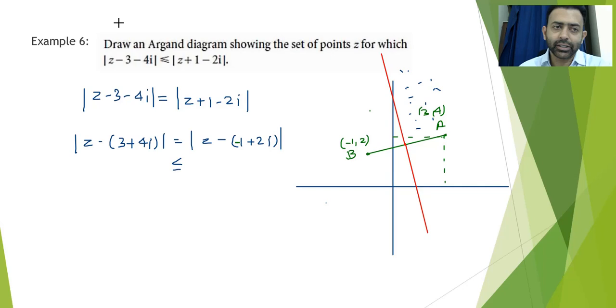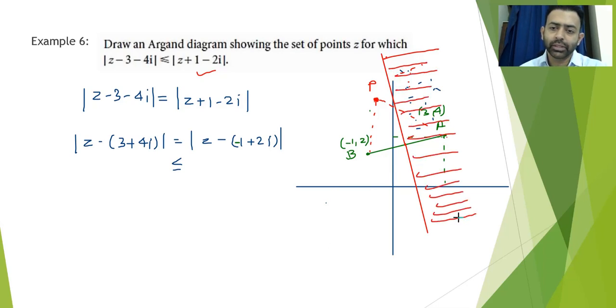If there is a point here, let us say P, its distance from point A is greater than the distance from point B, so this point z will not be in the Argand plane or will not satisfy this inequality, right? So you just shade the portion which is lying on the right hand side of this bisector. The shaded portion is the solution.